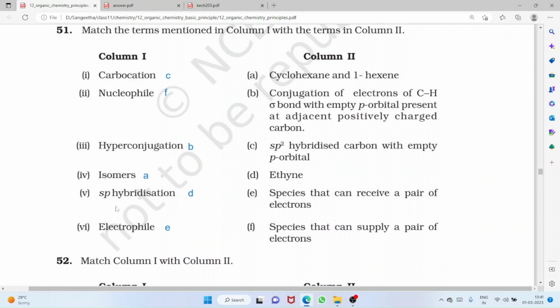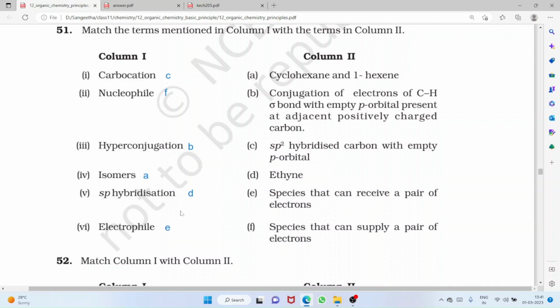sp hybridization: ethyne. Electrophile: the species that receives a pair of electrons.